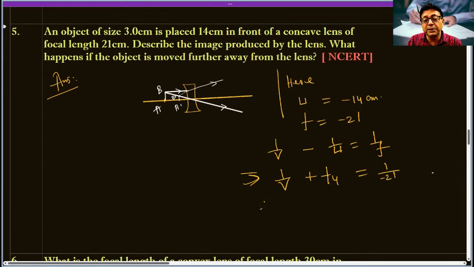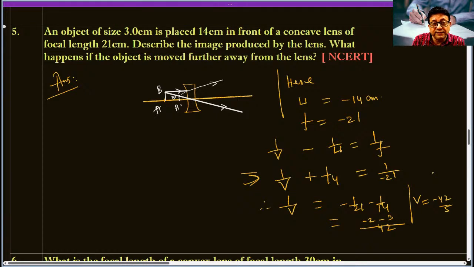So 1 by v will be what? This will be 42 and minus 2 minus 3. So v is going to be what? Minus 42 by 5. Approximately this is minus 8.4 centimeter.